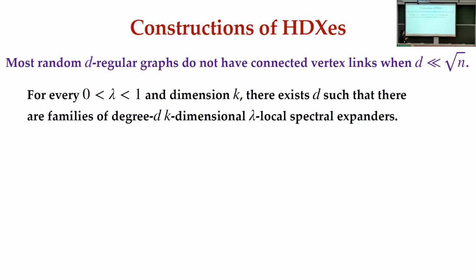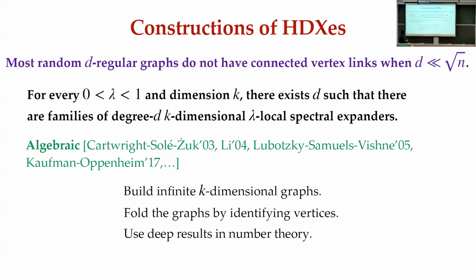But luckily, some of the other constructions of expanders generalize. Those are the algebraic constructions. There are a bunch of works in the math community about generalizing those algebraic constructions, for example of Ramanujan graphs, and also the coset geometry type of construction of expanders, into the world of high-dimensional expanders.